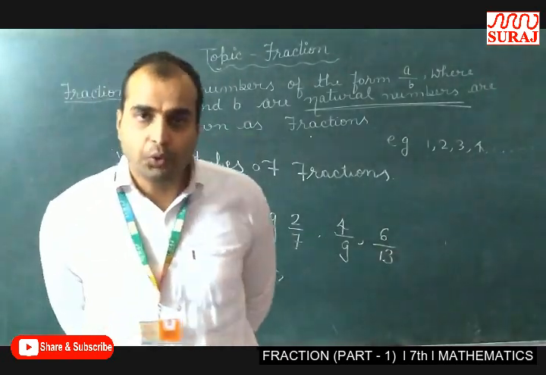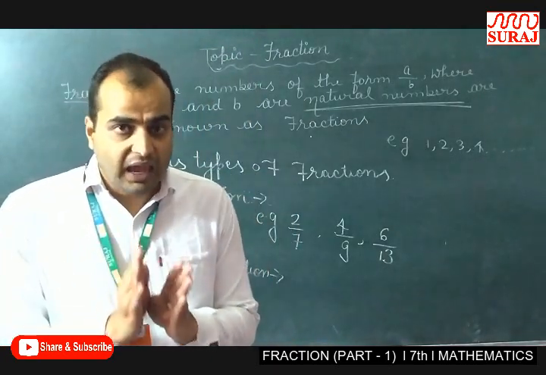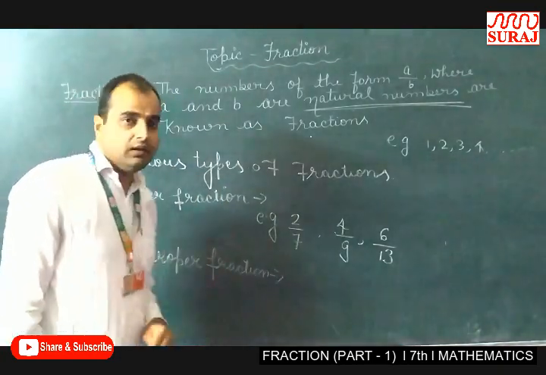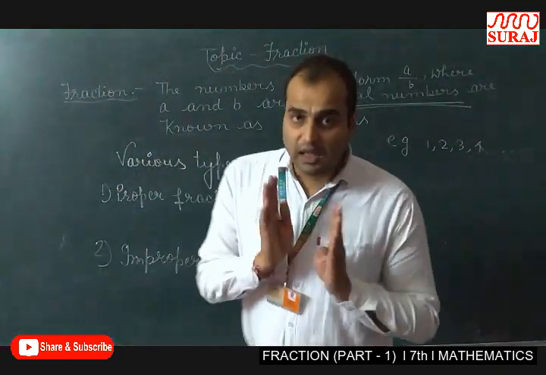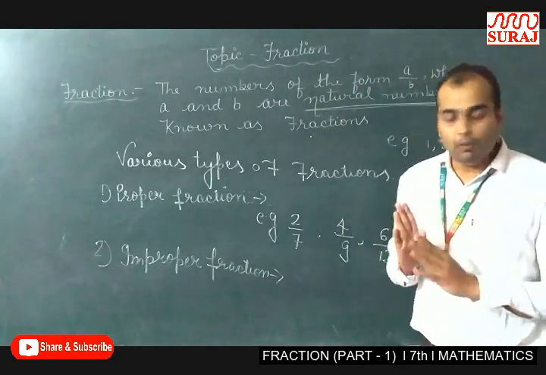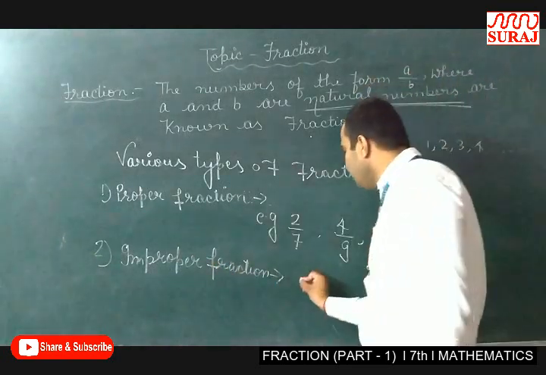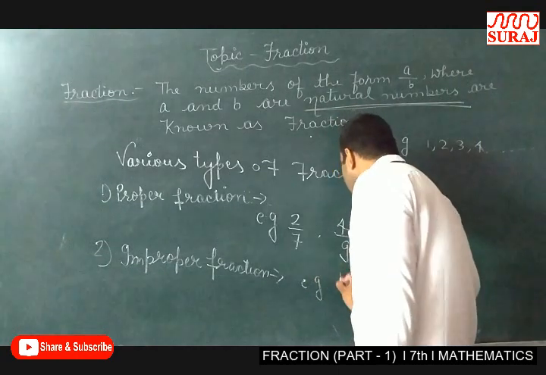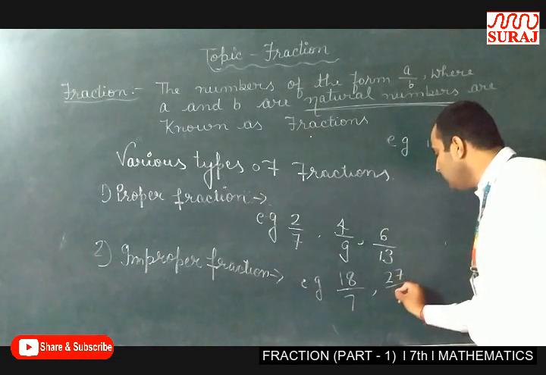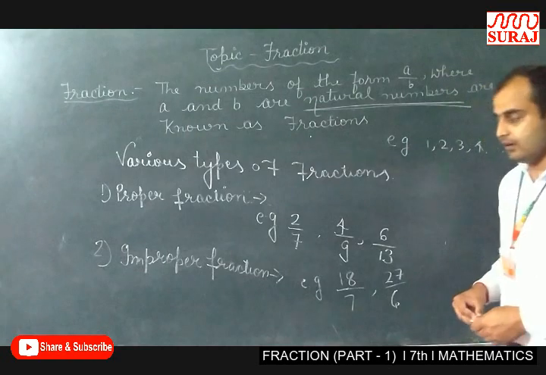A fraction whose numerator is equal to or more than denominator is called improper fraction. Examples are 18 upon 7, 27 upon 6. These are the examples of improper fraction.